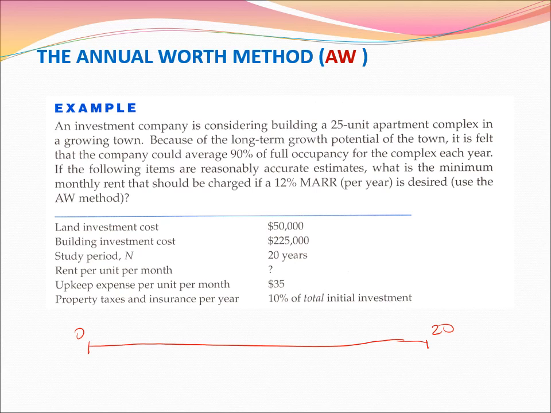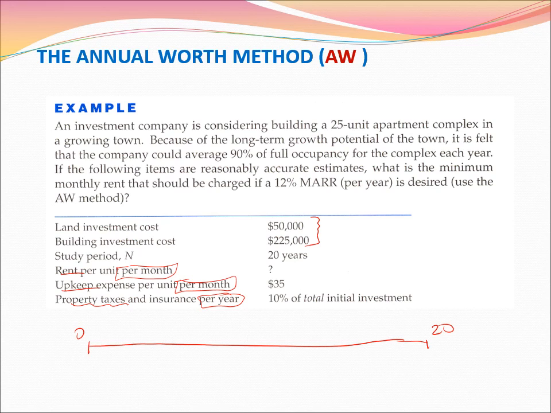But be careful, some of the costs here occur at present time. Which are they? These. Some of the costs occur at each year. For example, this property taxes, it is per year. And some of the costs or revenues occur at each month. For example, the rent is per each month and upkeep expense is per each month.